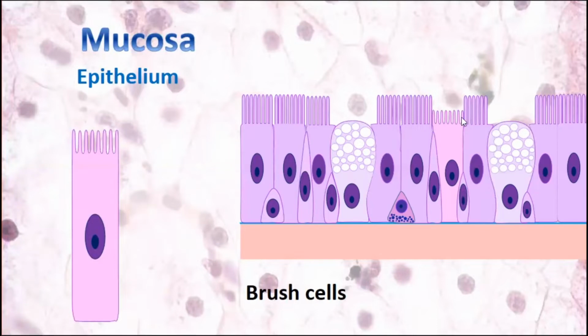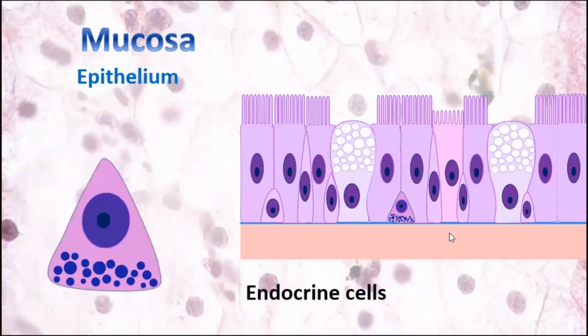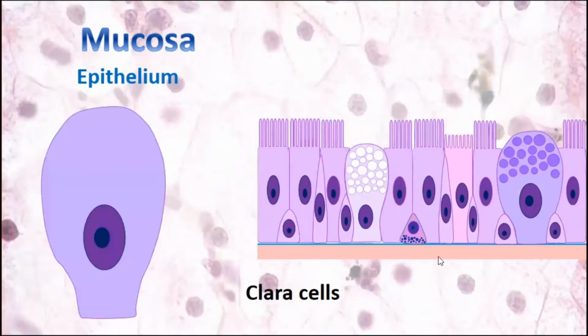Also, we have brush cells. They are described as cells with sensory function. They have microvilli on their surface. And we have also endocrine cells. They are similar to those present in the digestive tract, and they produce some hormones which regulate functions of the neighboring tissues and structures. And also in the lower respiratory tract, in bronchioles, we have special Clara cells.